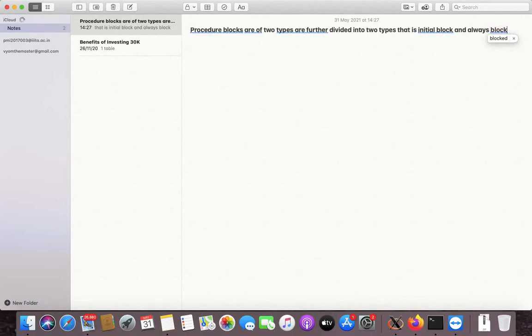From the initial block you are already familiar. You are using these initial blocks in your test bench. So what is the always block and how is it different from the initial block? There are mainly three differences between the initial block and the always block.